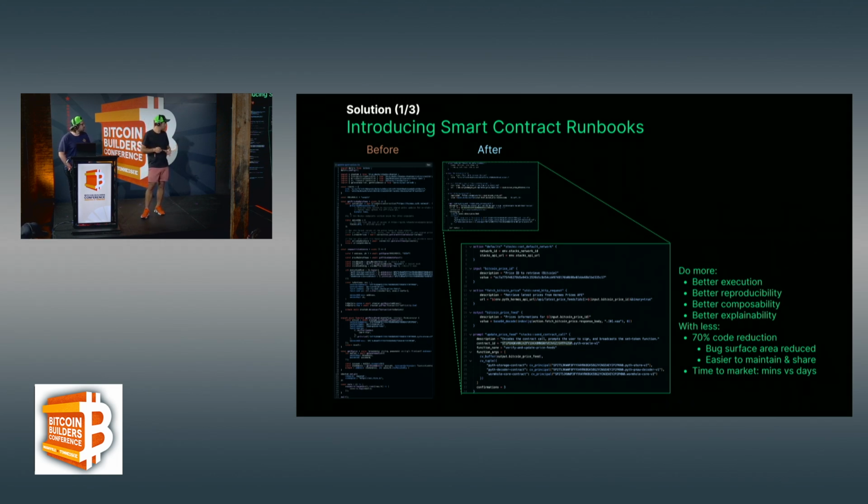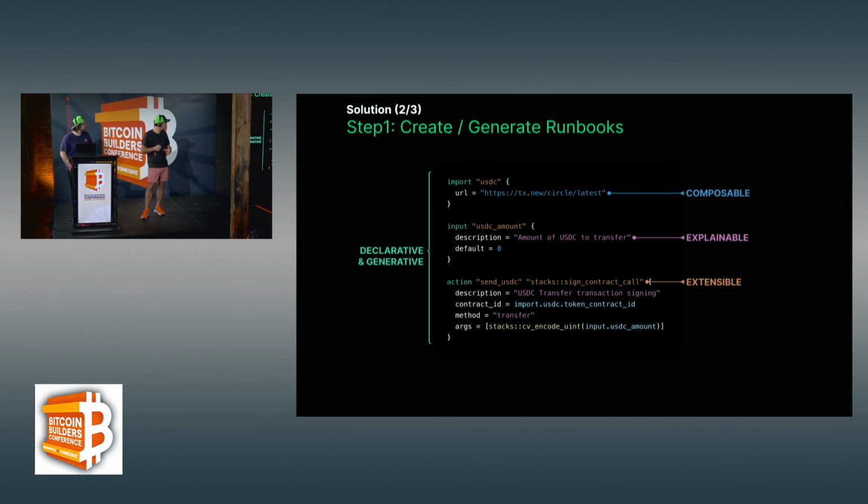If we zoom in on the anatomy of a runbook, we have 4 key properties. A runbook needs to be declarative, so we have this clear language where developers are describing the interactions they want to do on-chain.